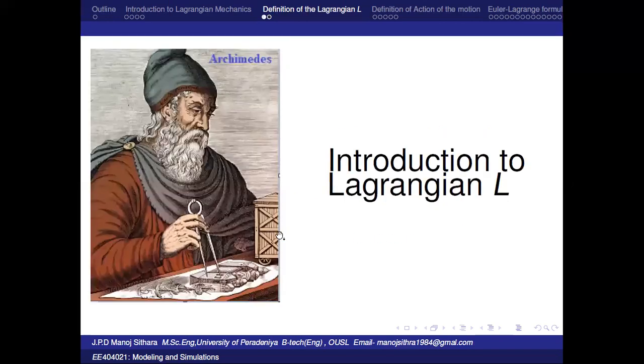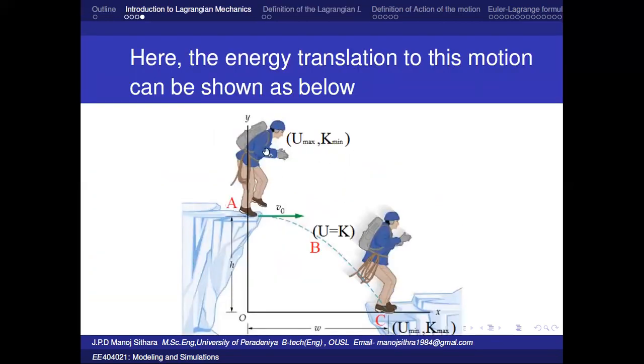That means throughout this motion, we can observe a kinetic potential translation, right? Because the amount of potential energy has been converted into kinetic energy, and kinetic energy will be maximized at the end of the day, and the potential energy will be minimized, right?